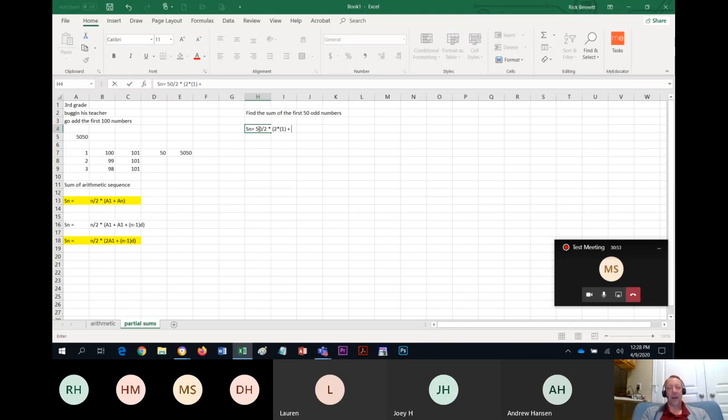Plus, now let's see, what's n minus 1 in this case? If we're taking the first 50, what's 50 minus 1? 49. And your common difference is 2.